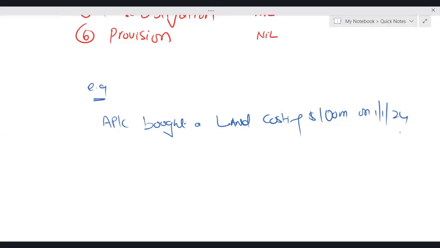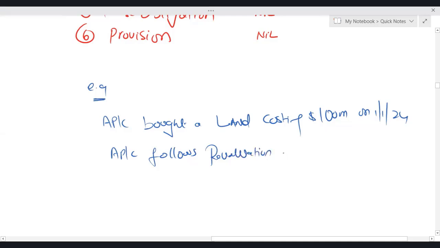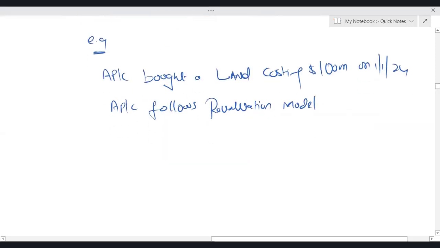Okay. Let's say APLC follows the revaluation model. On 31st December 2024, the revalued amount is 120 million.